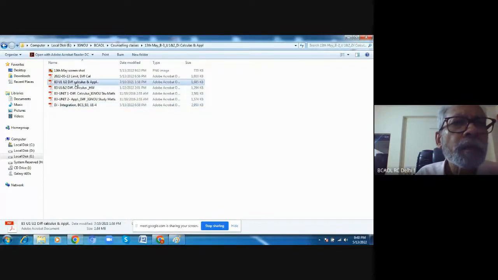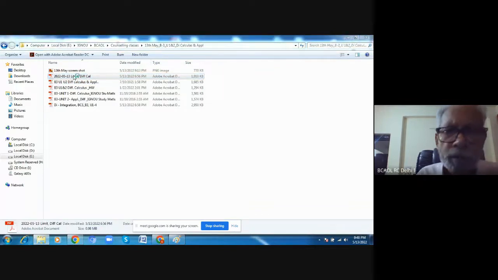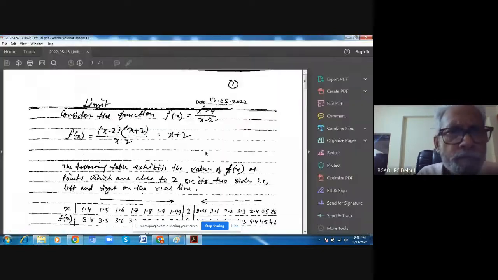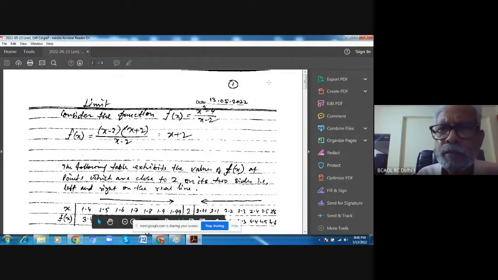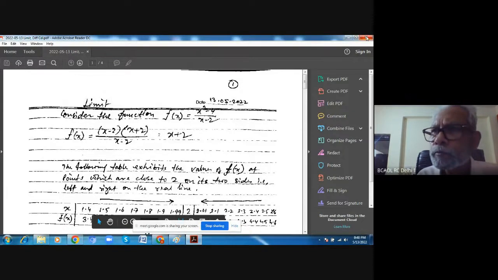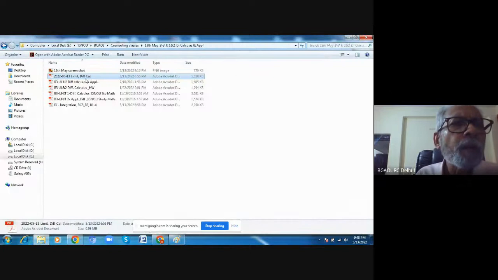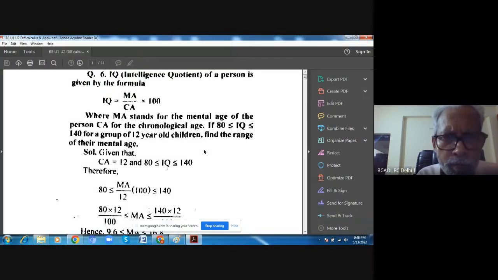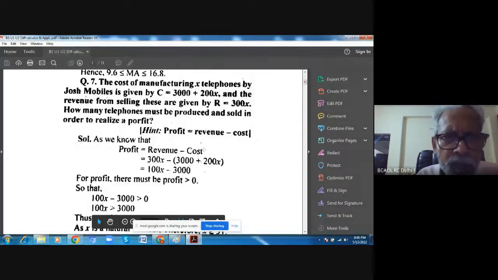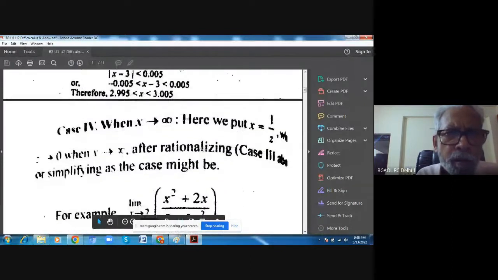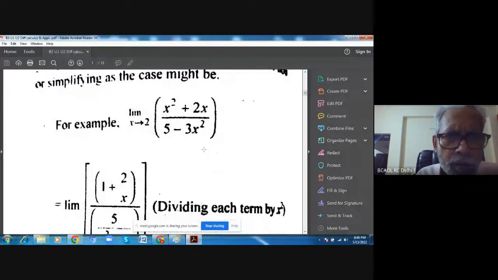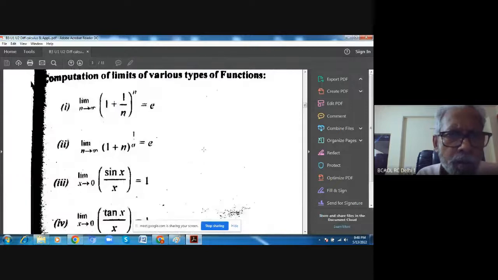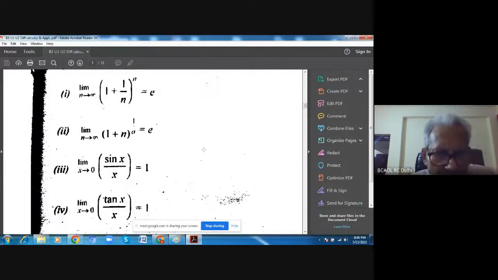Let's see whether we have discussed that or not. Okay, this part we have also discussed. Here some other functions are also there.